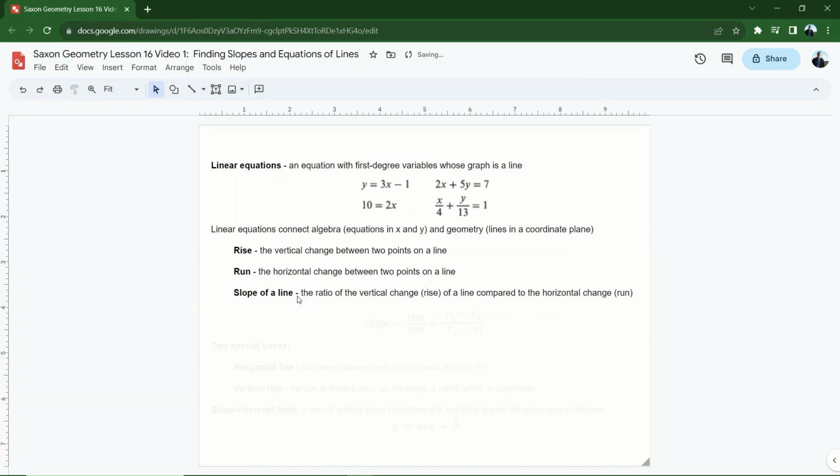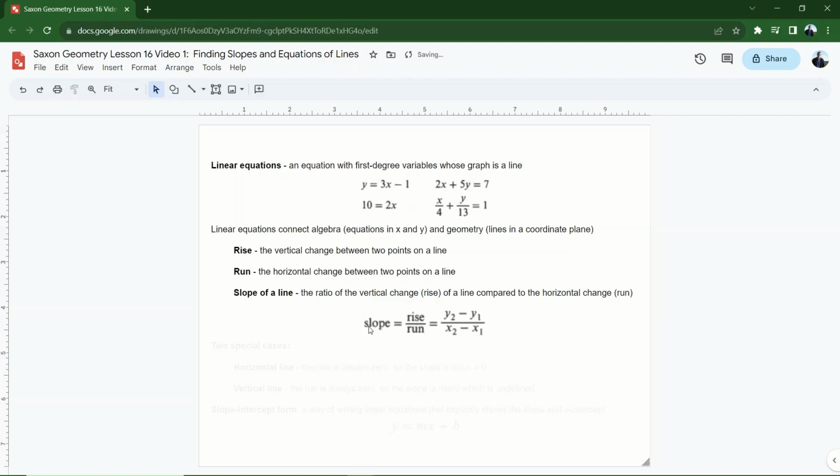The slope of a line is the ratio of the rise to the run, the ratio of vertical change compared to horizontal change. It puts in one number, just one number, information about how steep the line is or how shallow the line is, okay? That's what the slope does. It's just a single number that tells us how the line changes as it moves across the coordinate plane.